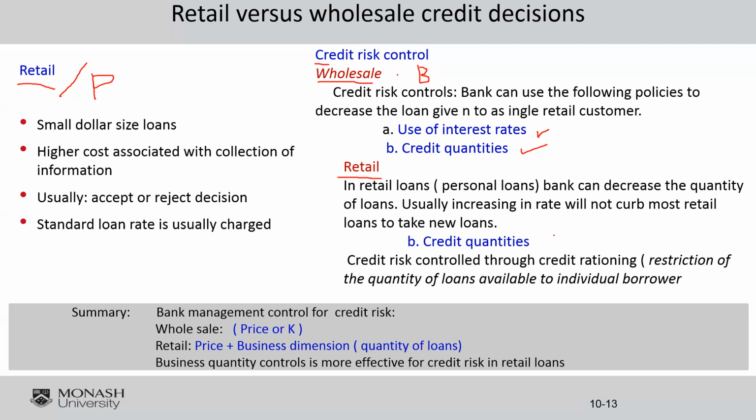Actually, interest rate is not an issue. They won't charge you 100% at the end, so it's not a big deal if they increase it. So the way to do it is to decrease the credit for those individuals who have taken more loans.